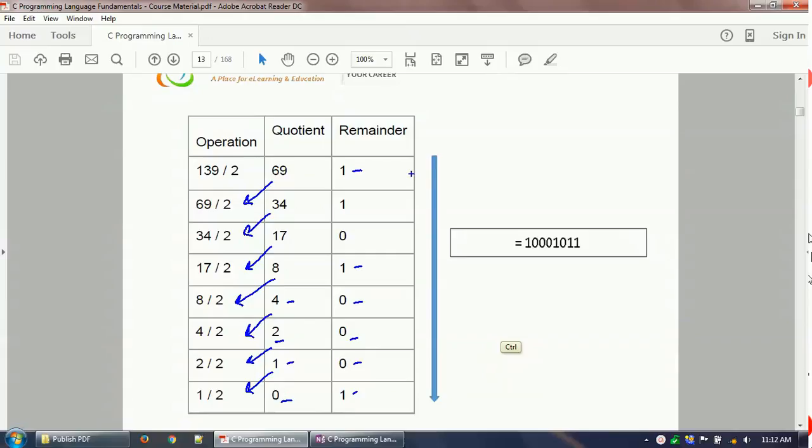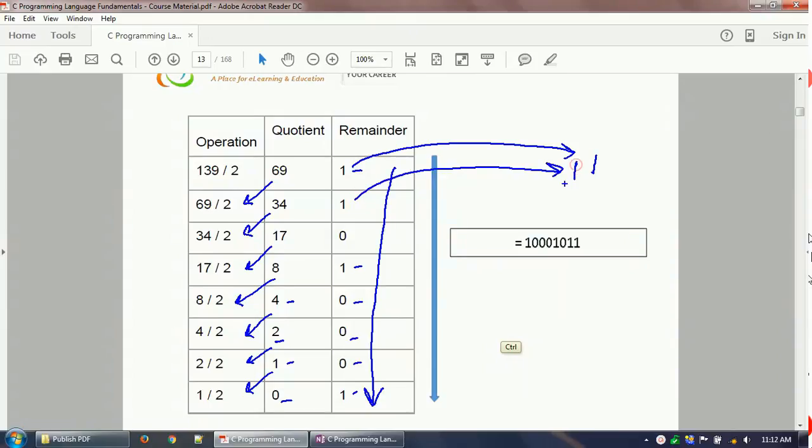Then we read the data in this direction, and we put it something like this. So this one is coming here as a 1, then this one will be coming here as another 1. This 0 will be coming here as another 0.